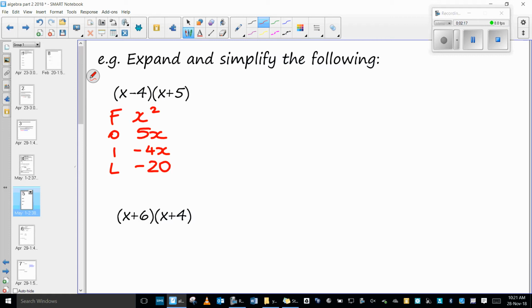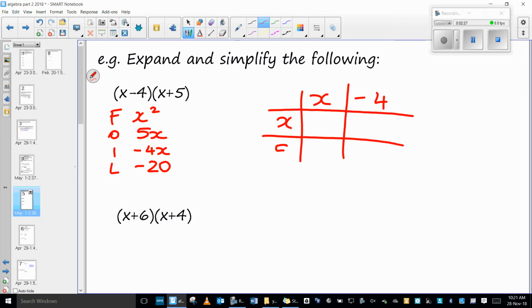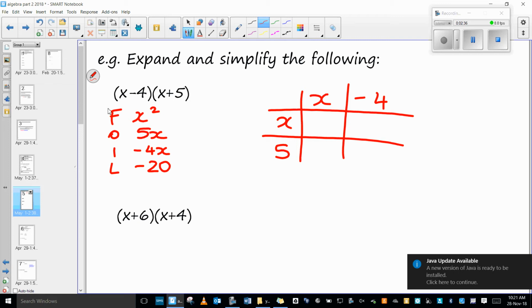If you're using Box's method, you would have an x and a take away 4, an x and a 5. Where our columns and rows meet, we're going to write down the product of what is being multiplied together.